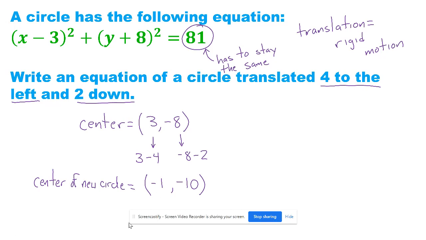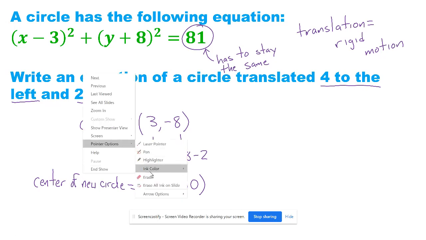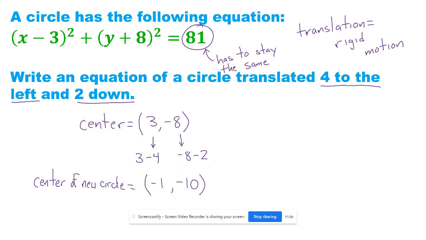So let me, again, switch colors so it's really clear what my final answer is here. Now our equation: we have x, we have minus 1, so we change that to positive, x plus 1 squared, plus y, again it's a negative, so we change that to plus, so it becomes plus 10 squared equals our radius squared.